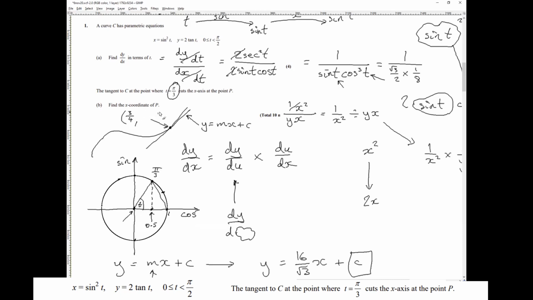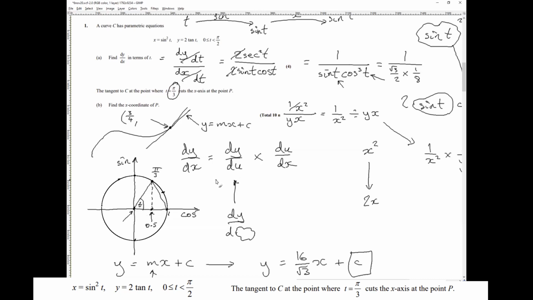And the y value, 2 tan t. Well, we haven't talked about the tan of this angle t. But can you work out what it is? Assuming the hypotenuse is 1, which we do in the unit circle, the opposite side is √3/2. The adjacent side is a half. So can you work out the tan, opposite over adjacent?